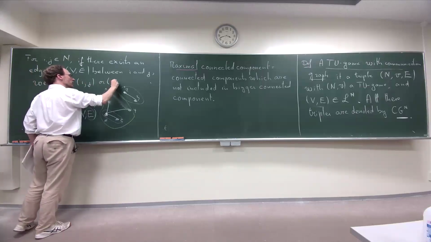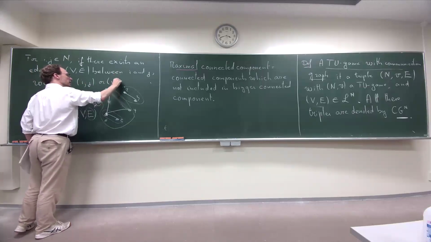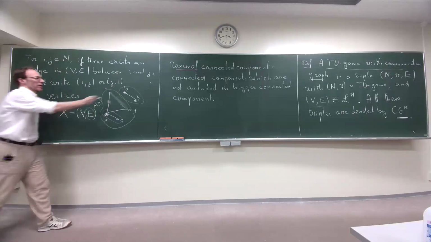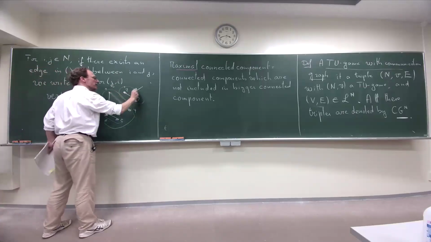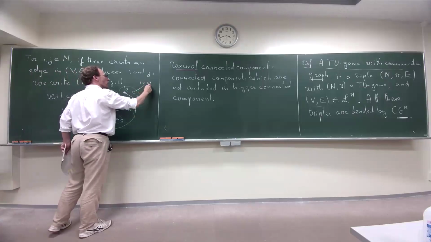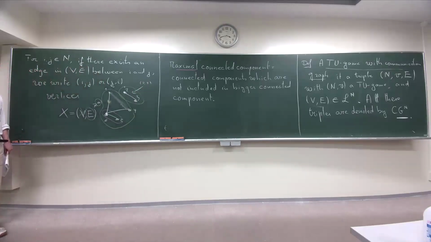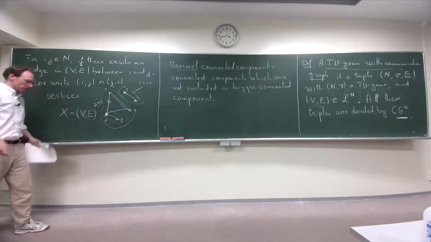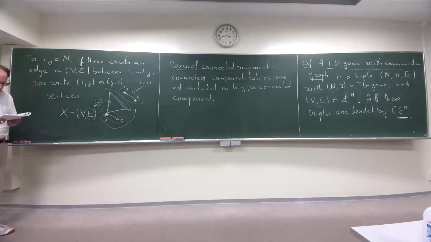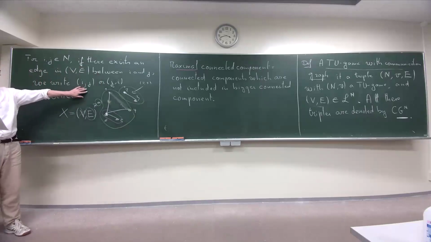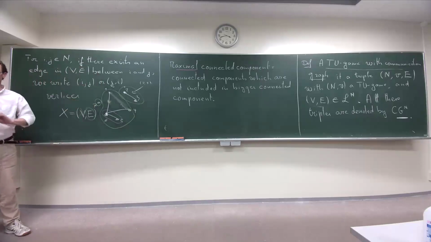There is no difference between these two because it's just the edge. So this one is the edge 2, 3, or 3, 2. The same. I don't put an orientation. We could work with orientation, but it's not useful now. And it means simply that i and j can communicate.